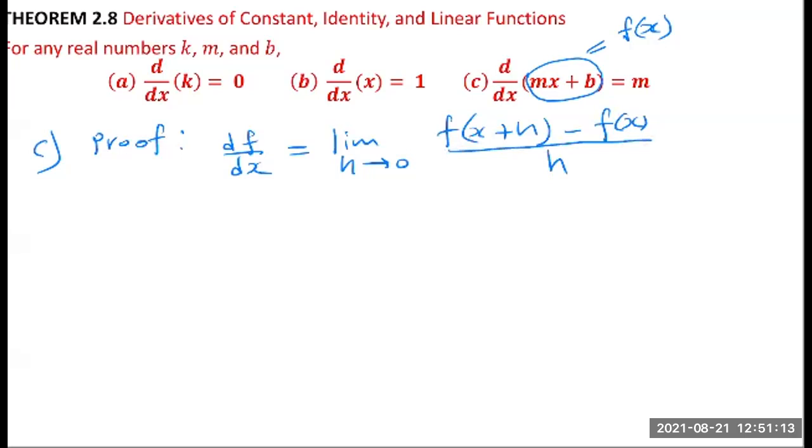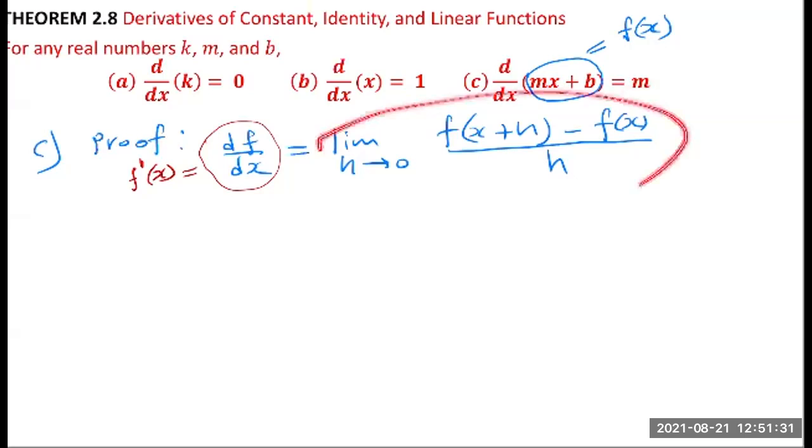Again, this is nothing but f prime of x, the derivative of the function f. Let's see whether this derivative is equal to m.